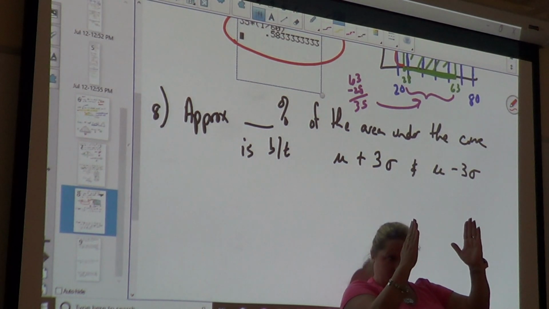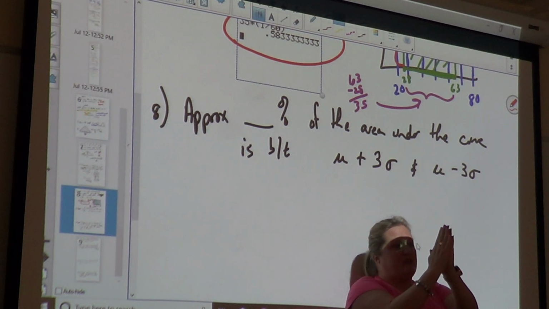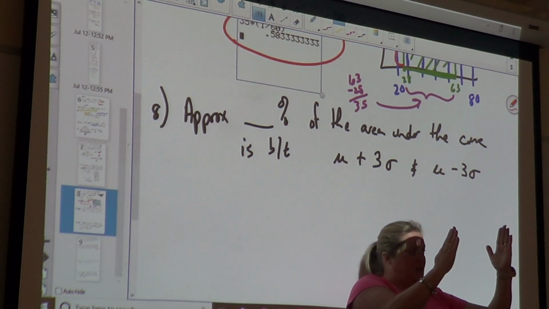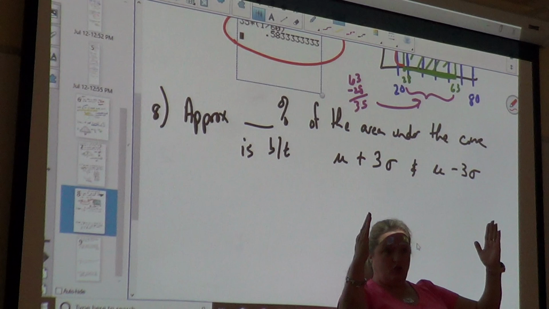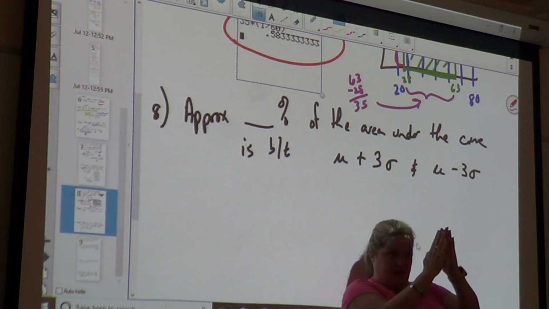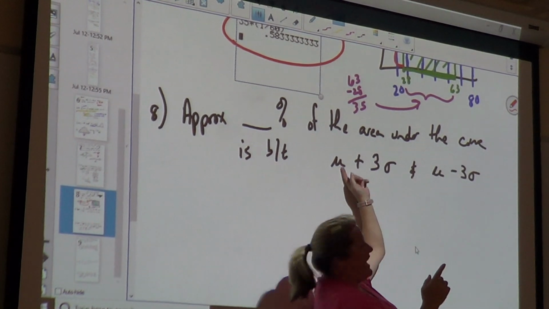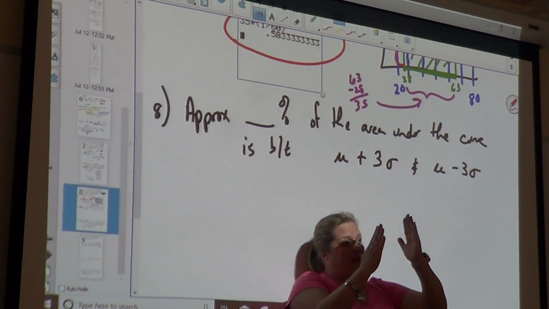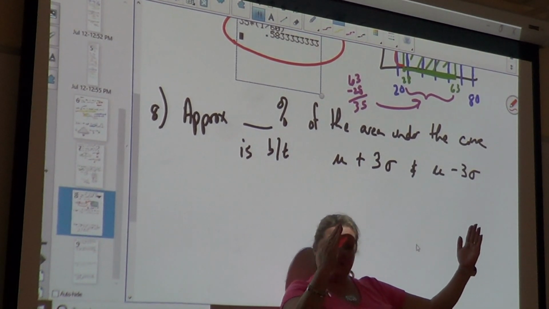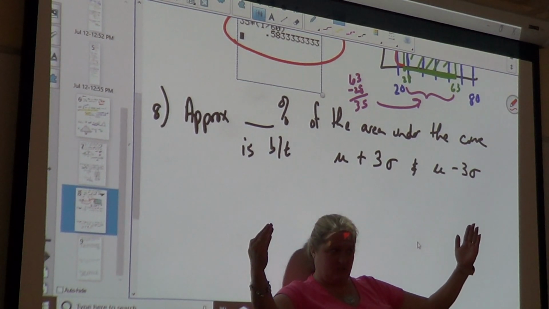What percent was that? 68. Then if I have the mean and I add 2 deviations and I subtract 2 deviations, what was that? 95. So now if I have the mean and I add 3 deviations and I subtract 3 deviations.